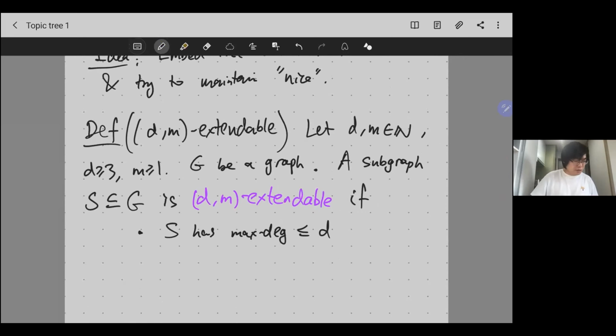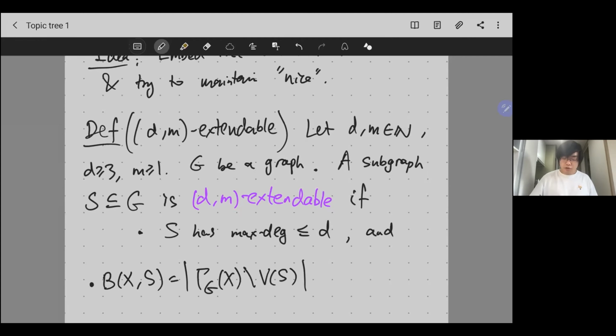Second is the key definition. Okay, bear with me for a moment. It looks a little bit technical, but we can try to make sense out of it. We define B_X to be what? The neighborhood of X in G outside of the vertex set of the subgraph S, okay?